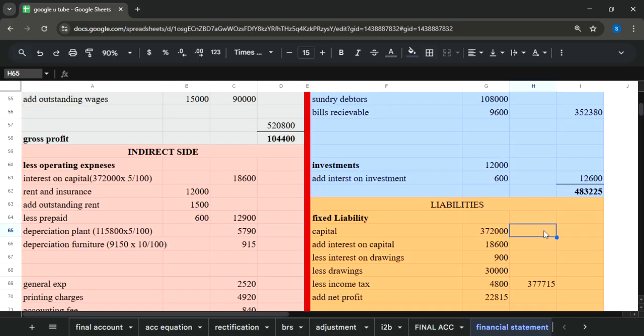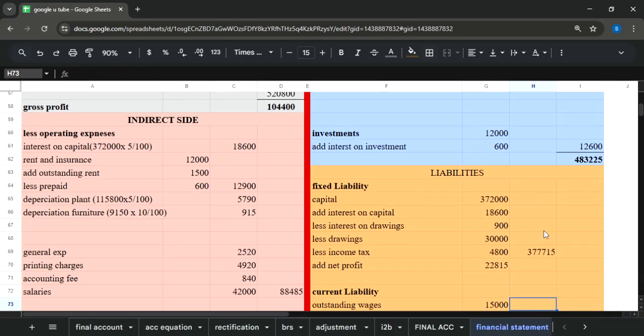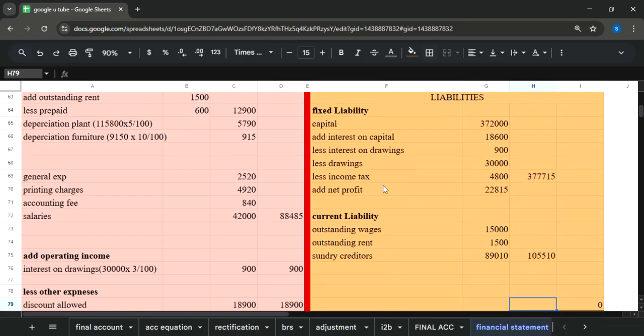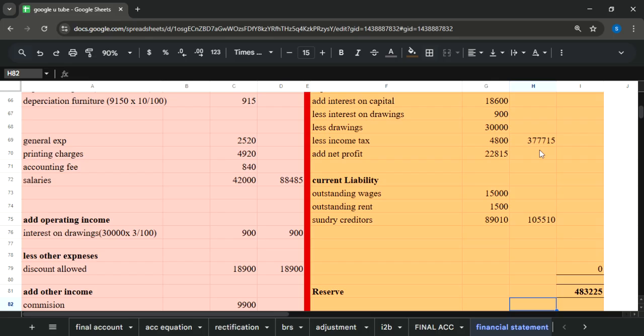So in this way guys, once again I'm telling you what was left. This net profit was not written before, so we have written this. This is your total of fixed liabilities, total of current liabilities, reserves were not present, so sum of only these two amounts is now equal to 483,225.